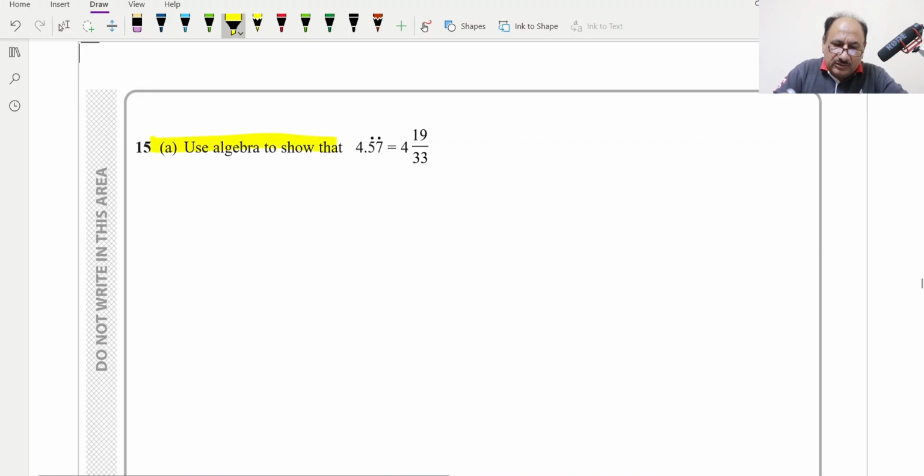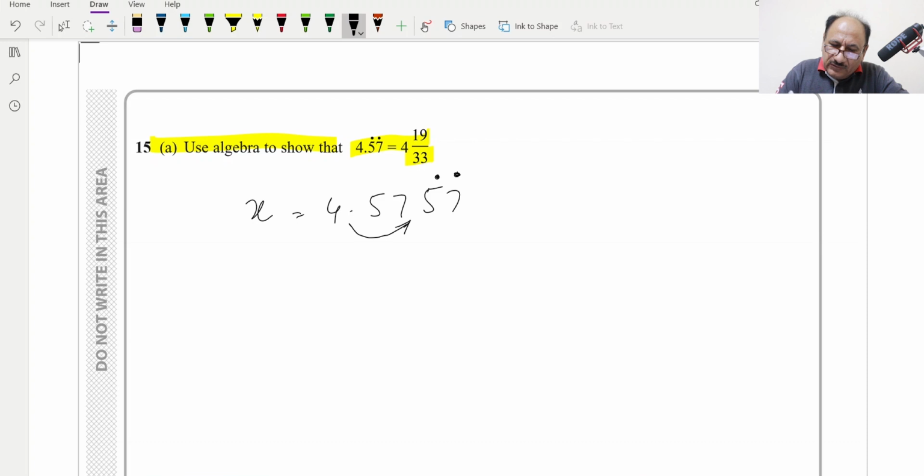Question number 15 says use algebra to show that this is equal to this. So basically we will be writing this recurring decimal as x. So x will be equal to 4.57, 57 we can write 2 times, and we have to shift. This is the technique for all recurring questions.